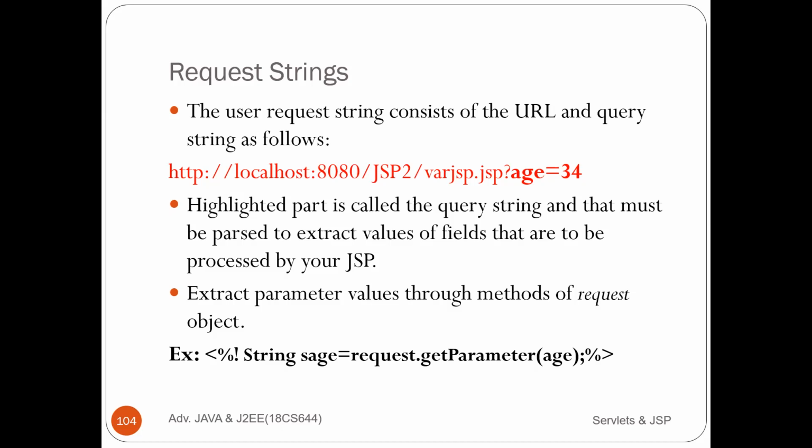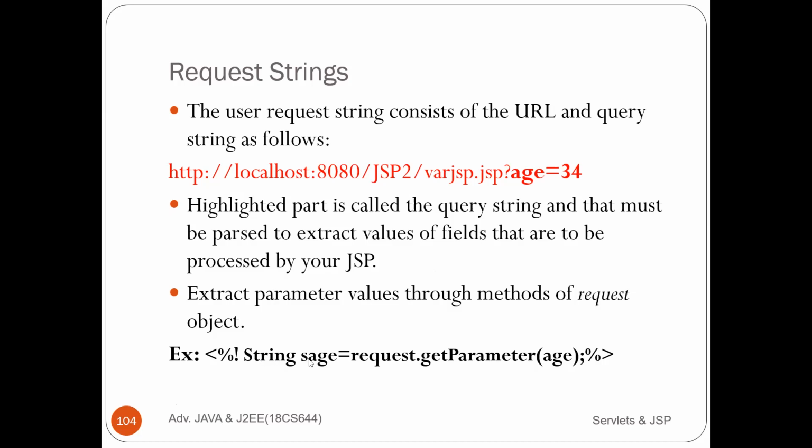This entire thing is a query string, and it must be parsed to extract the values of the parameters. Suppose we want to extract the parameter value age, then in the JSP we can use this particular command inside a declaration tag, or we can use a scriptlet tag.